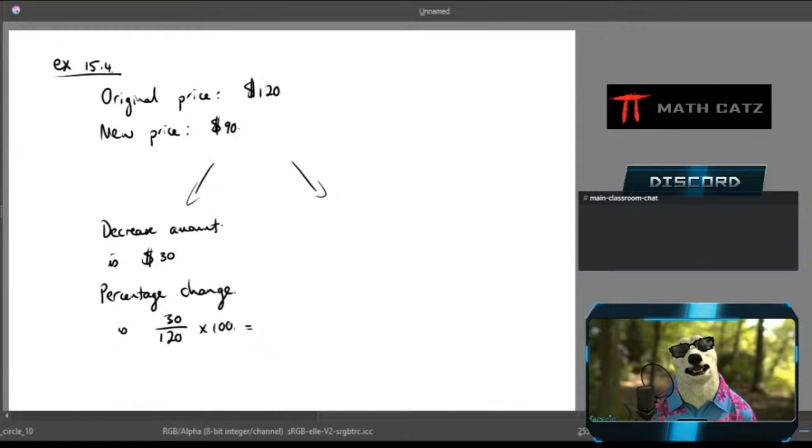Let's see what that is. 30 divided by 120. It's nice to see it for everyone to see. MathBot says 25. So let's leave the sentence for both. This is going to be the same concluding sentence, right?